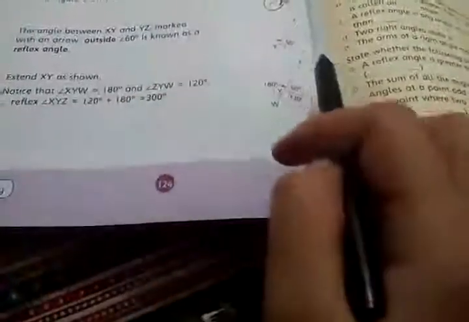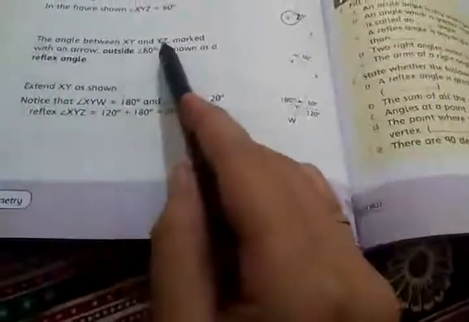Here we have the method of extending the angles. The angle between XY and YZ marked with an arrow outside 60 degrees is known as a reflex angle.